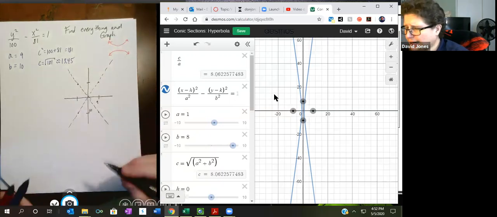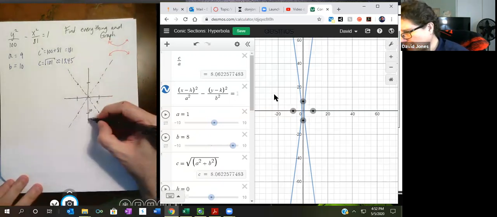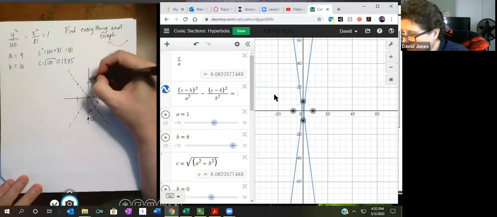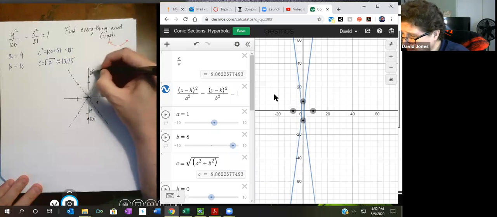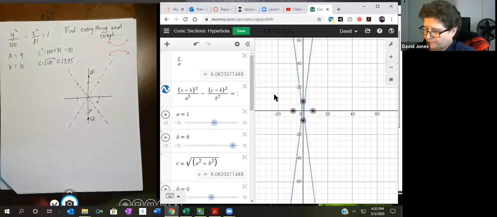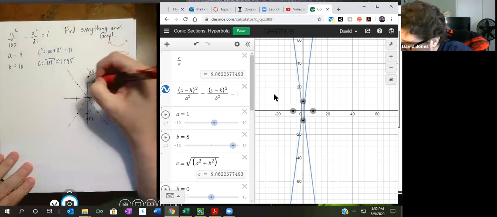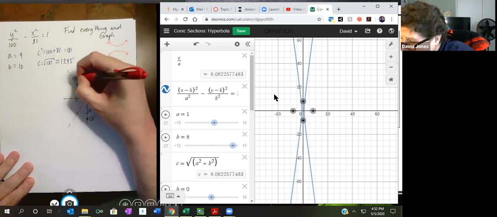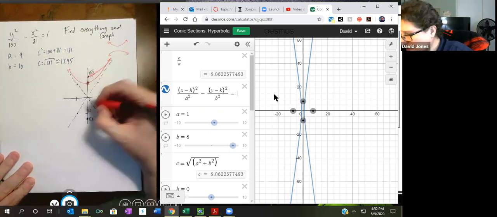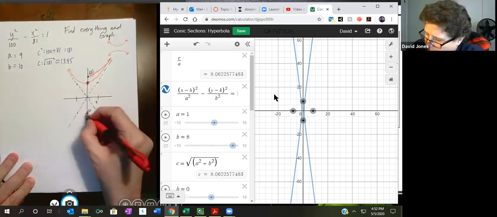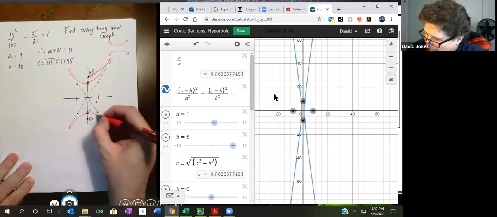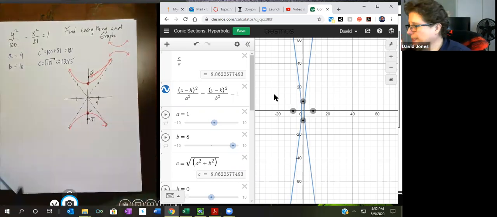It's opening up or down, which means if that's about 10, that's about the square root of 181, and it opens up and down. Oh, not from there, not from the focus. It's from the vertex. When you get a little too hasty, you start making mistakes, right?